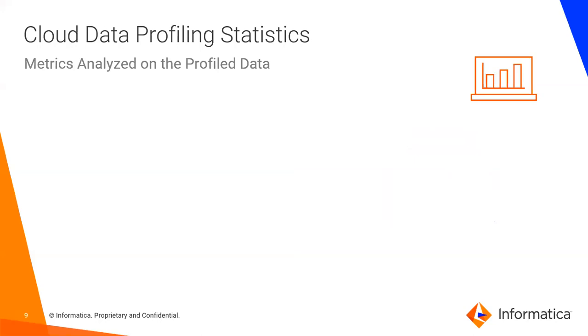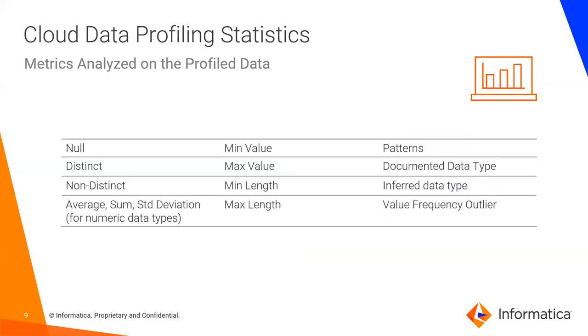Now let's see the metrics that are available after we run the data profiling task. You will be able to see the null, distinct and non-distinct values. It will be available not just in the form of percentage values, but also the number of records that contain null, distinct and non-distinct values.